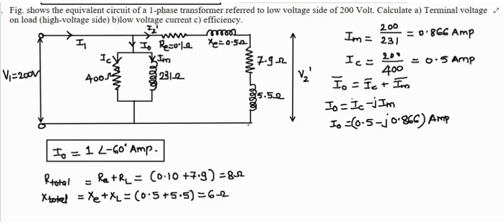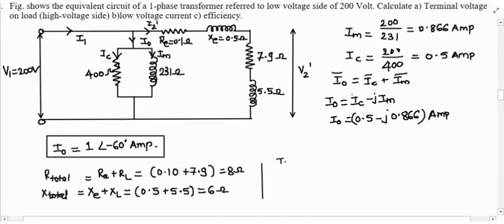Therefore, from this I can write the impedance Z equals 8 plus J6 ohm, right? So what is my I2 dash now?